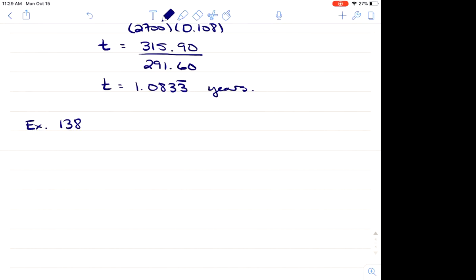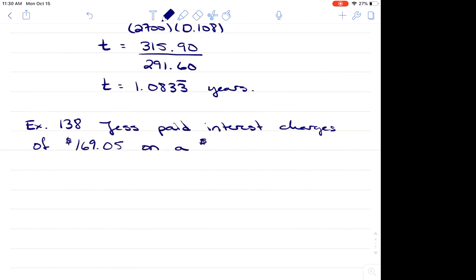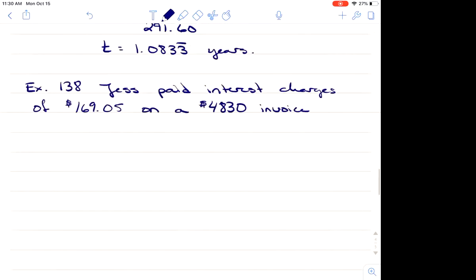So Jess paid interest charges of $169.05 on a $4,830 invoice that was 2 months overdue.